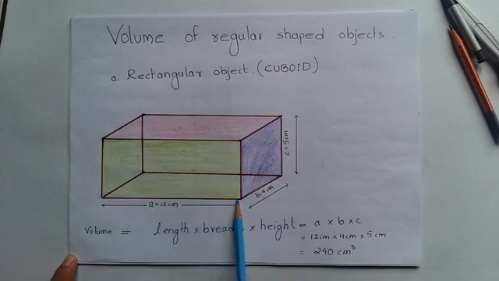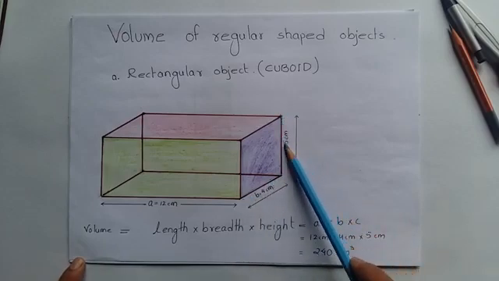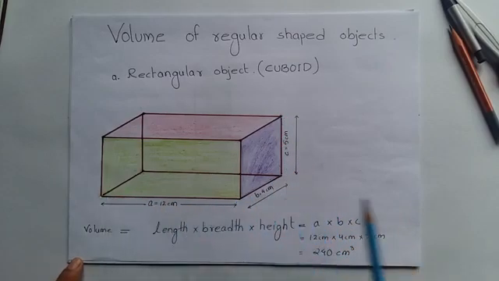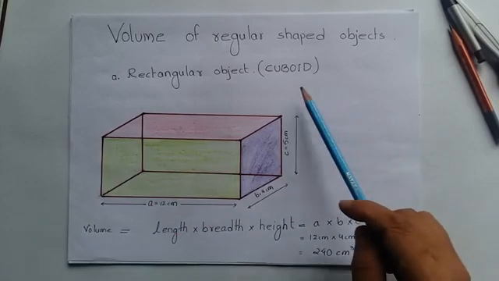If you take this as length and this as breadth, then you can take this as height. The product of these three, length, breadth and height, will give you the volume of this rectangular object. Now you know how to calculate the volume of a rectangular object, that is cuboid.